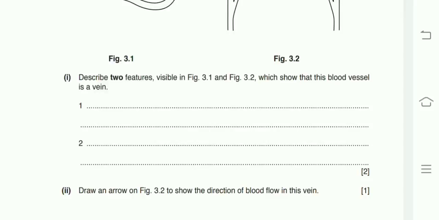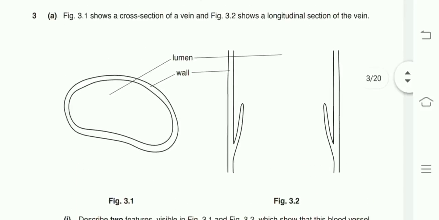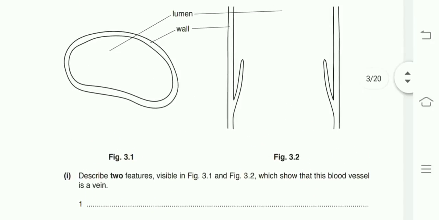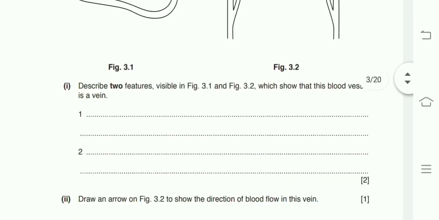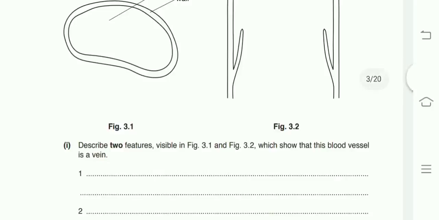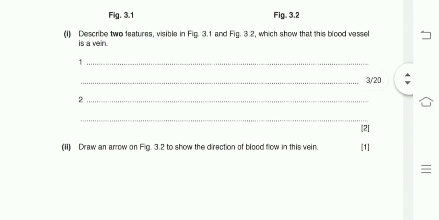So the first one: what do you think if it is a vein? You see again the picture, it will be a large lumen. And then the second will be a thin wall. And then the fourth is valves present, look at here. And then the vessel also flattened.